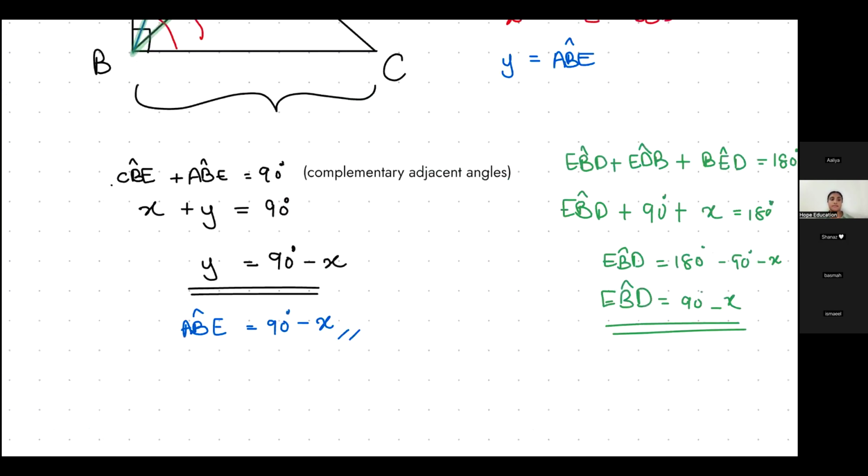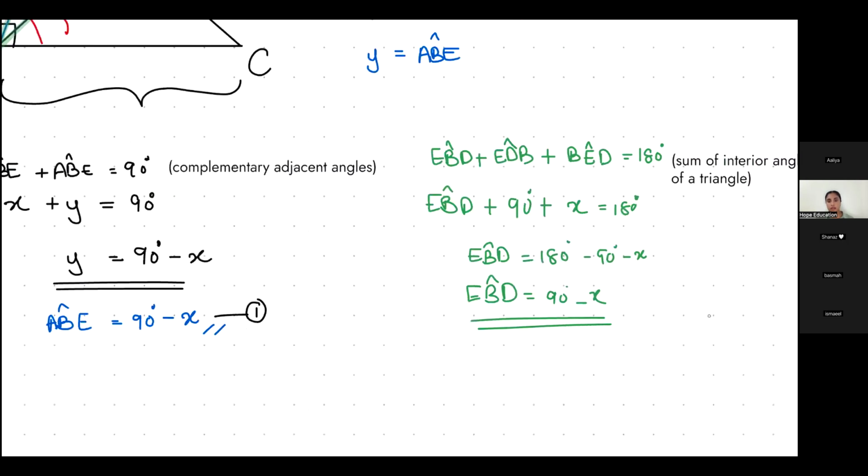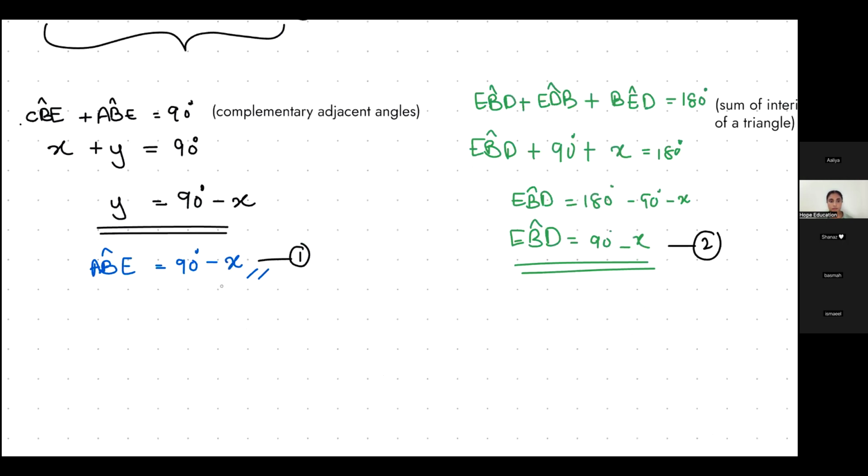ABE is 90 minus X. EBD is also 90 minus X. So both are equal to 90 minus X. Therefore, ABE equals EBD.